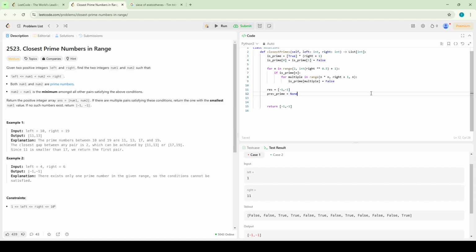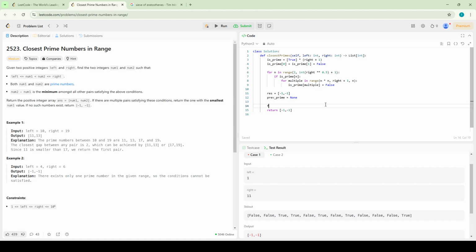And then let's say for n in range left, right plus 1, if is prime n, if prev prime is not none, and res 0 is equal to -1, or res 1 minus res 0 is actually larger than n minus prev prime.